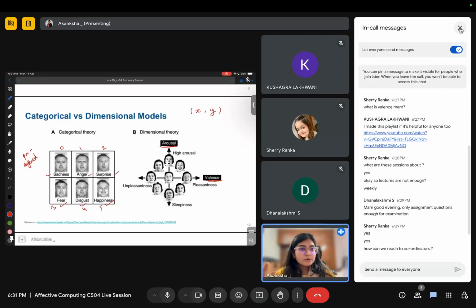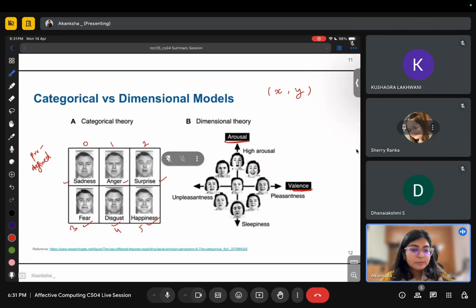Okay, and your question was, what is valence, right? Sherry, valence basically means the feeling of pleasantness or happiness, the positive or negative. Every emotion has some kind of valence associated, let's say positivity or negativity. Let's say you're stressed. Stress is associated with negativity, right?